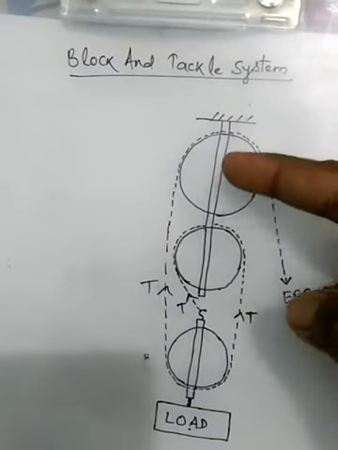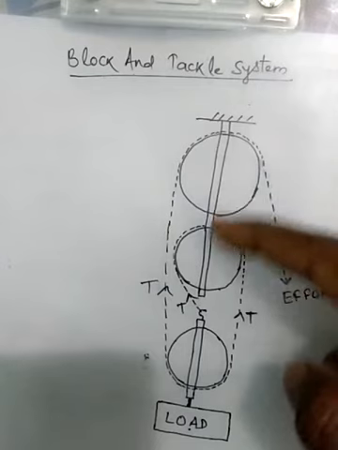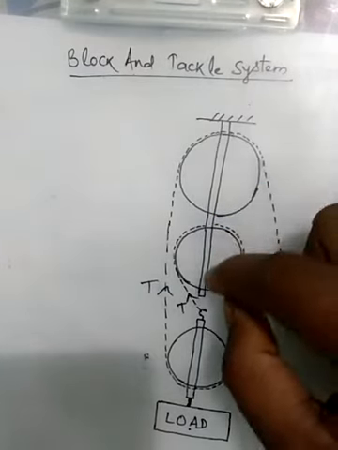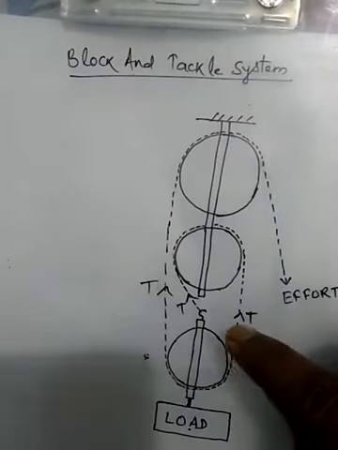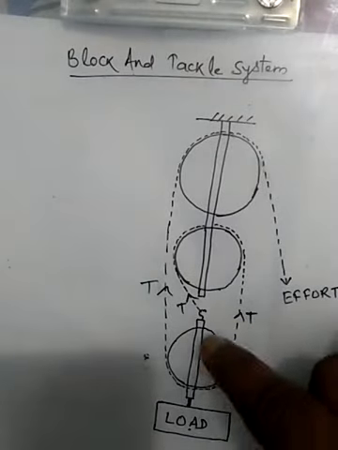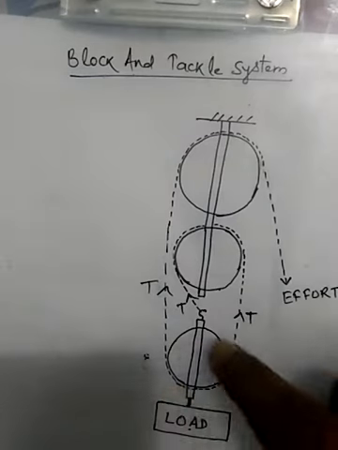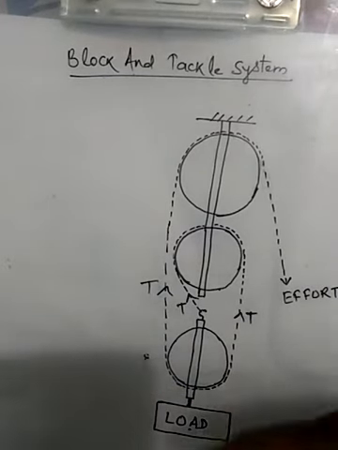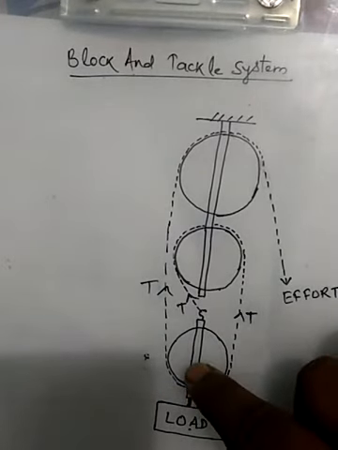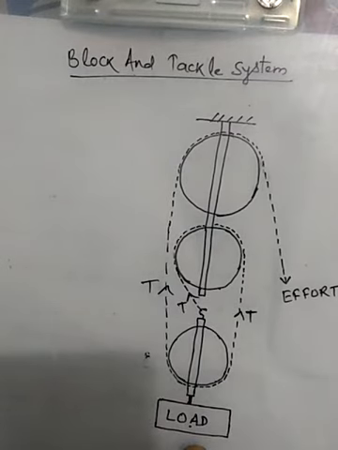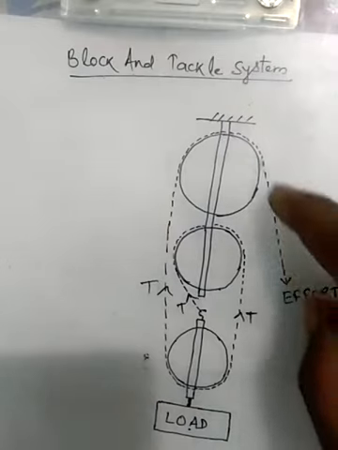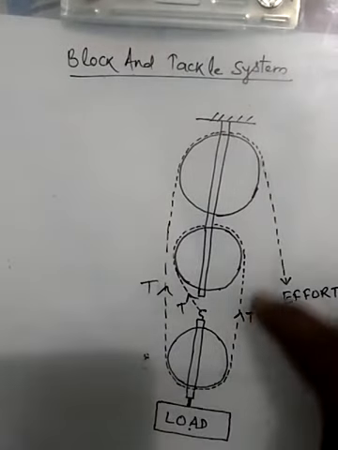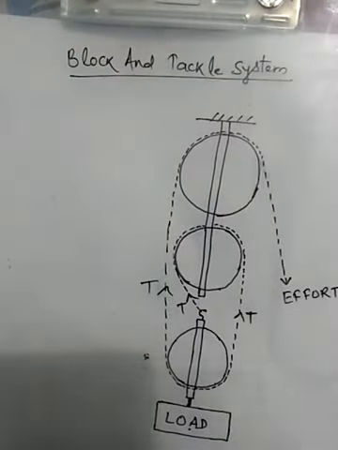Here in the first block, two pulleys are shown, which is fixed with the fixed end, and the other block consists of one or more movable pulleys which is connected to the load, and a string is passed over all of the pulleys.